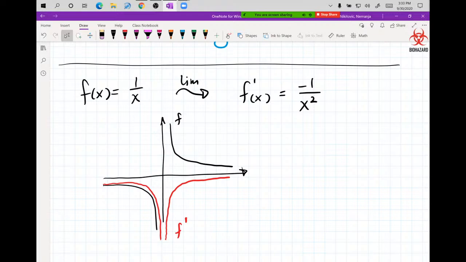Now, are rules 1 and 2 satisfied? Well, yeah, right? If you look at the black line, both of those pieces are decreasing pieces, and both of those pieces should give negative values for the derivative, for the red line. So increase or decrease of the original function gives us the positive or negative on the derivative.